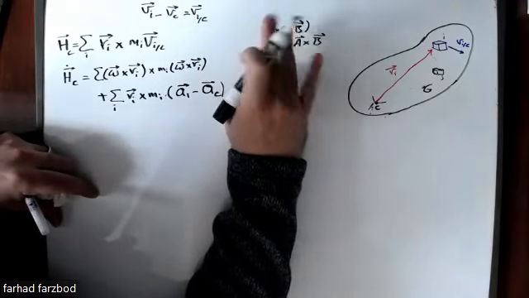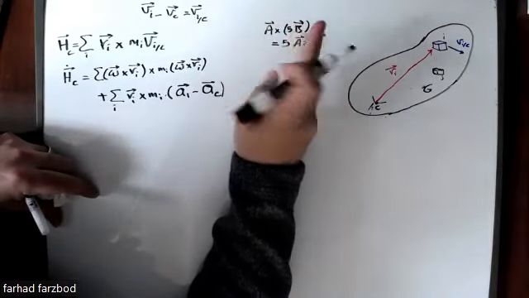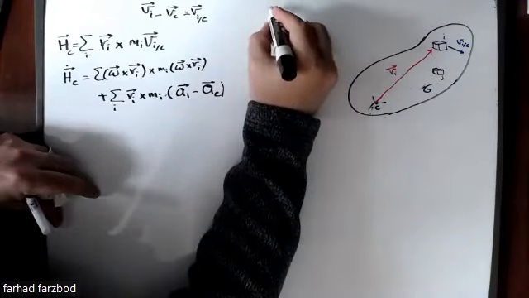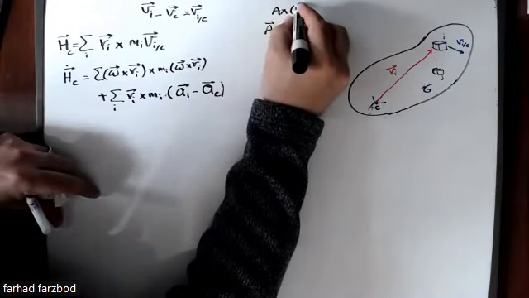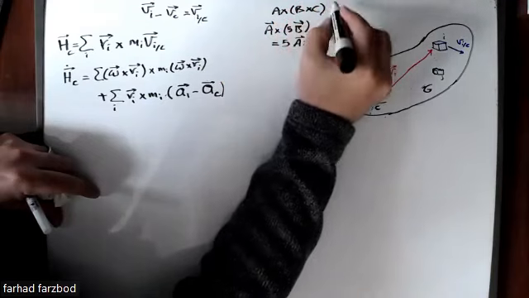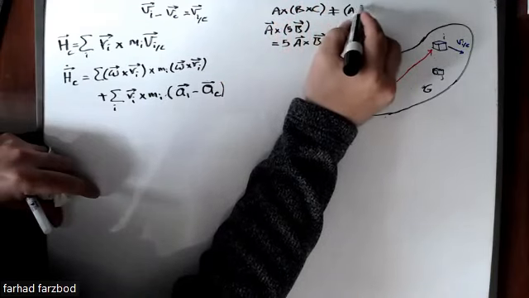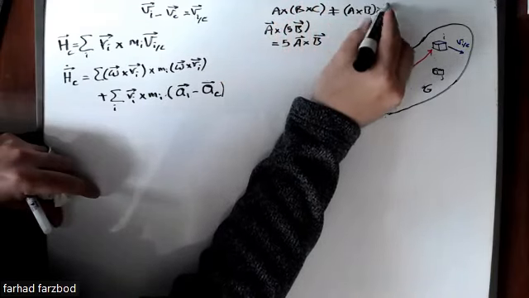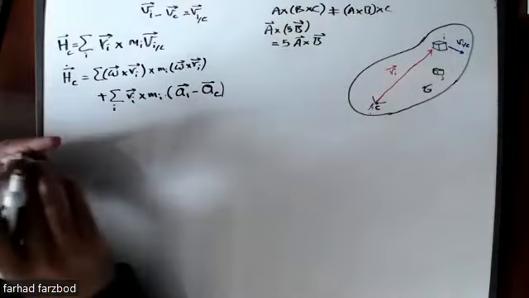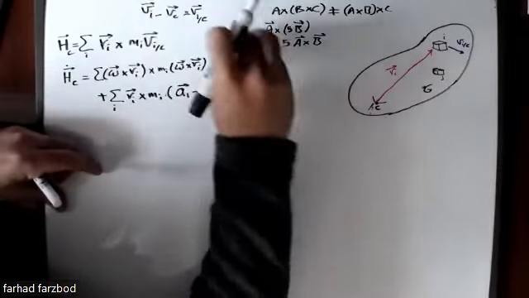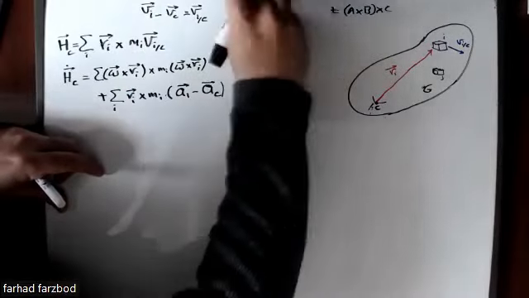Don't forget that the cross product is not commutative; I can't interchange them, I can't write A cross B as B cross A. But numbers usually can move around, and in this case, this m_i is just a number.